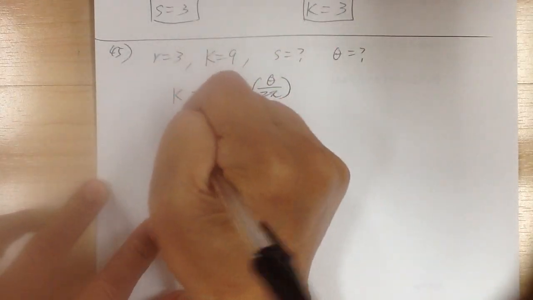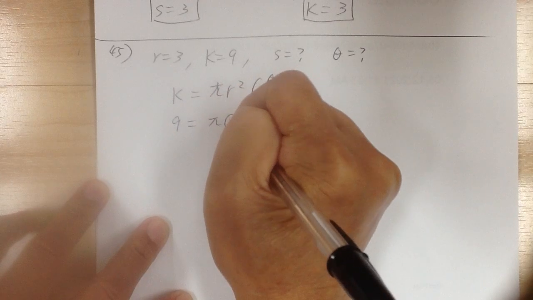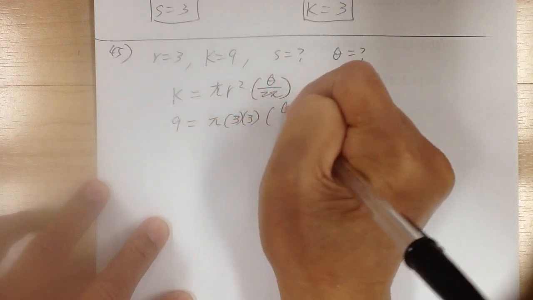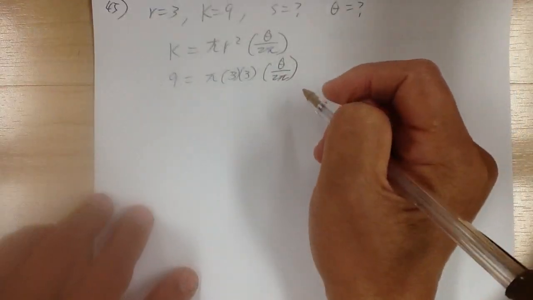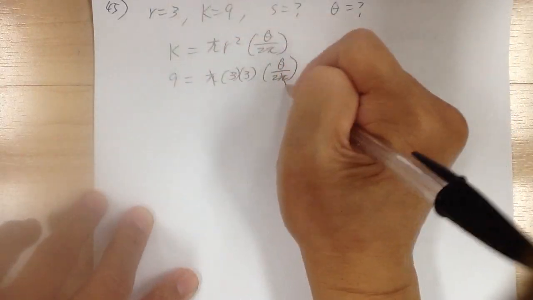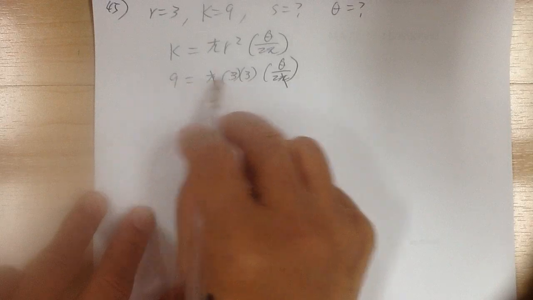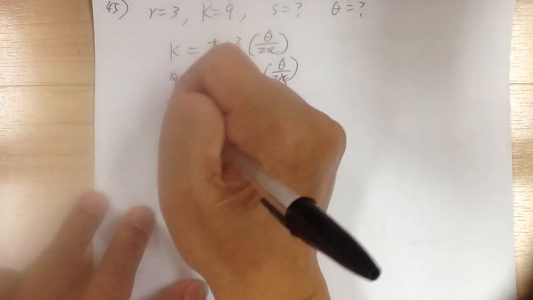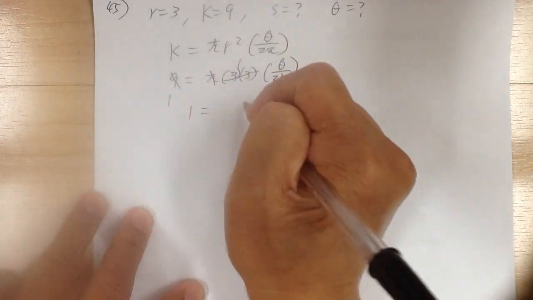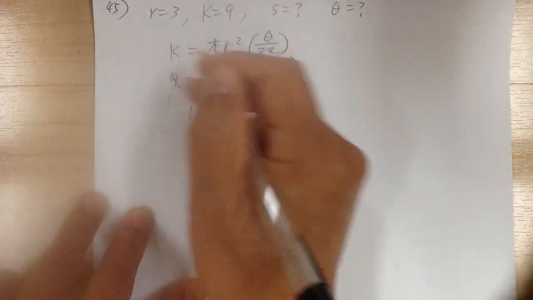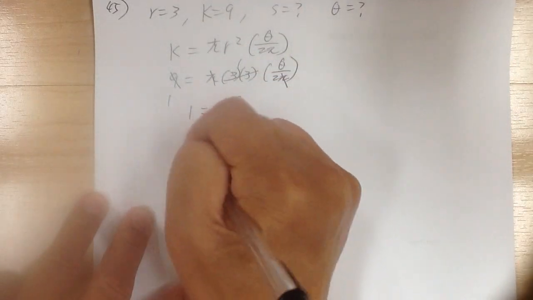So substitute, you got 9 equal to pi times 3 times 3 times theta over 2 pi. First, let's cancel out the pi, and I'm going to divide both sides by 9. Divide by 9, I get 1. So now I got 1 equal to theta over 2. So cross multiply, I got theta equal to 2 radians.